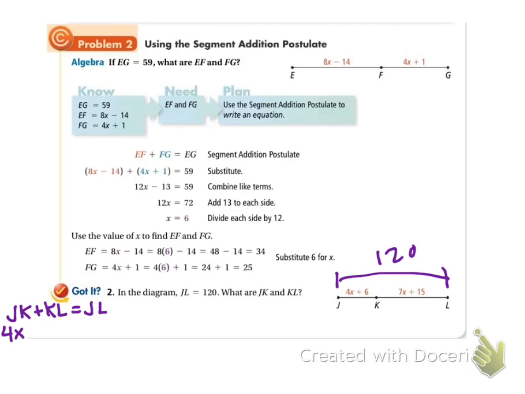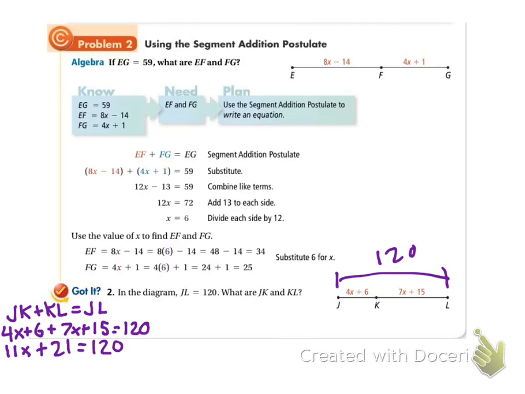So 4x plus 6 plus 7x plus 15 equals 120. Now I can combine my x's, so I get 11x, and I can combine my 6 and my 15, which will give me 21, equals 120.